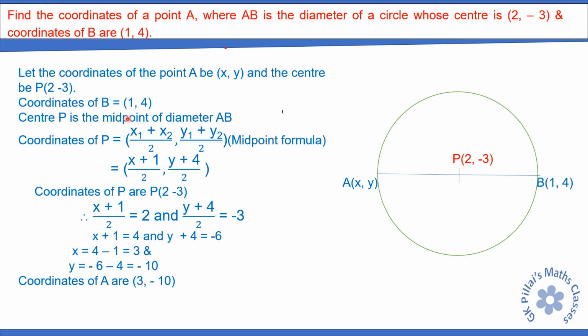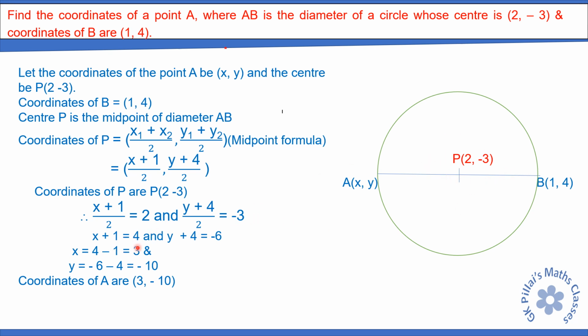So the coordinates of B is 1, 4. Coordinates of P will be x1 plus x2 upon 2, y1 plus y2 upon 2, the midpoint formula. That will be x plus 1 upon 2, y plus 4 upon 2. Now we are given the midpoint, so equate with 2 and minus 3.